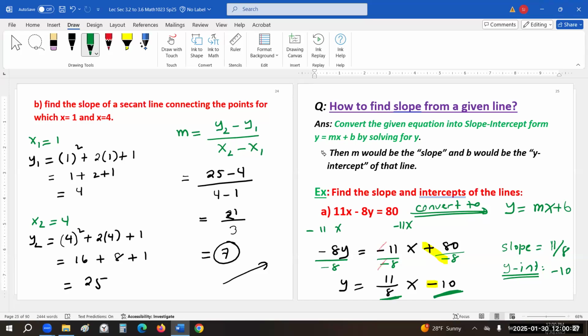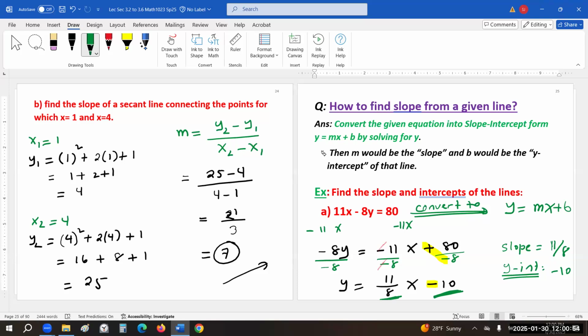But the direction says find the slope and also the intercepts. It means both x and y-intercept. So we found the y-intercept. How do you find the x-intercept? We did a few questions on finding x-intercept. To find the x-intercept, what do you do with the y?